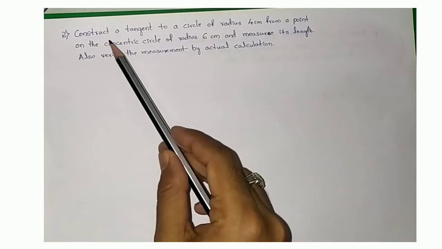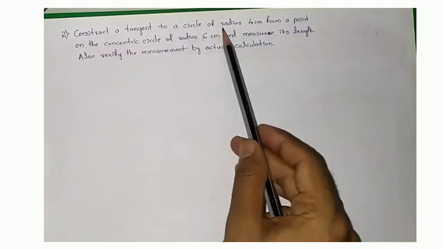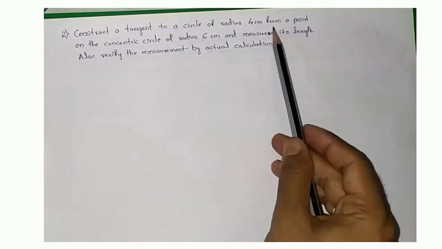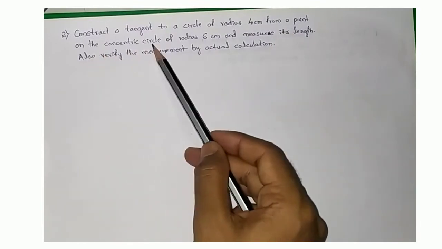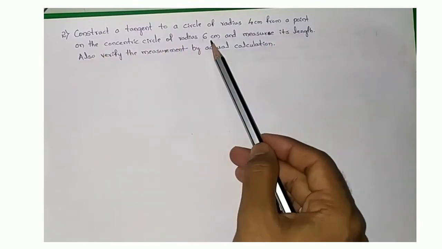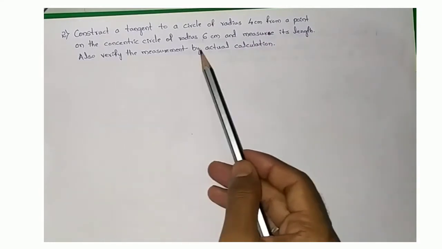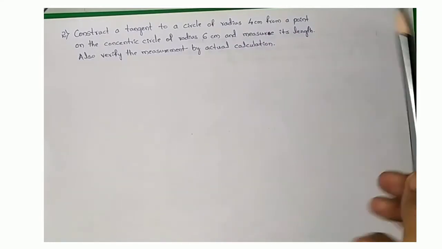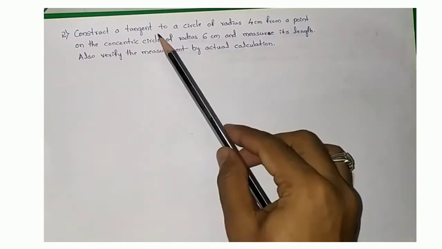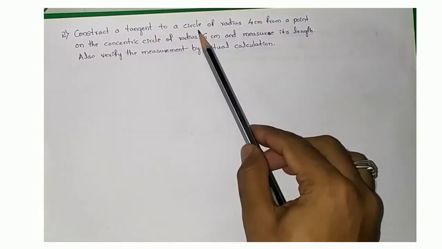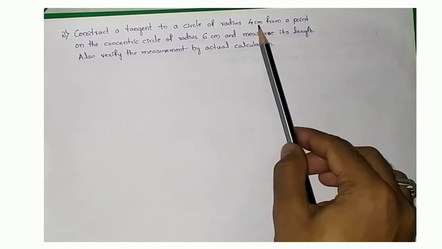In the second question, construct a tangent to a circle of radius 4 cm from a point on the concentric circle of radius 6 cm and measure its length. Also verify the measurement by actual calculation. So what we have to do here? First we have to draw a circle of radius 4 cm.